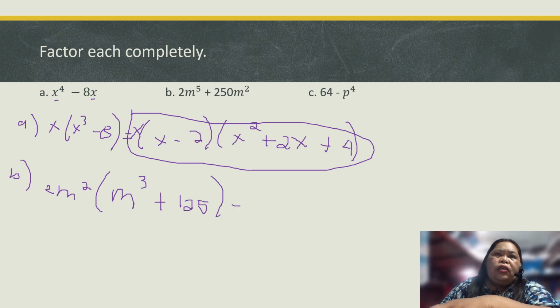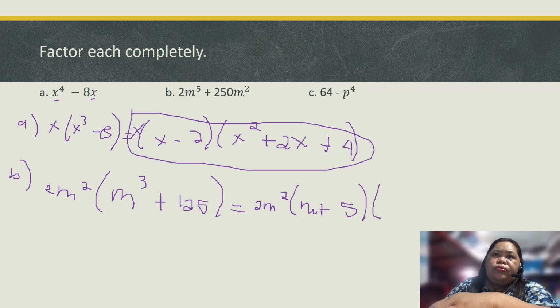For our final answer, that would be 2m squared, and then get the cube root of m cubed, that's m, plus the cube root of 125 is 5.